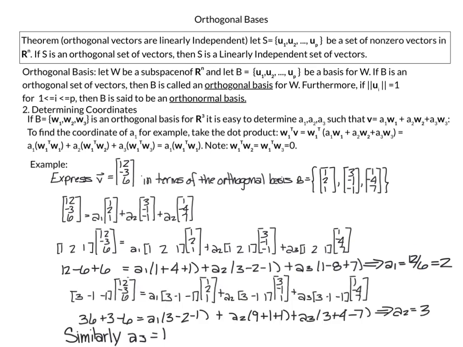Similarly, to get my a2, since a2 is associated with the vector (3, -1, -1), I'm going to multiply both sides of the equation by (3, -1, -1) transpose. So here I have (3, -1, -1) transpose times my (12, -3, 6) equals a1 times my (3, -1, -1) transpose times (1, 2, 1), plus a2 times (3, -1, -1) transpose times my (3, -1, -1).